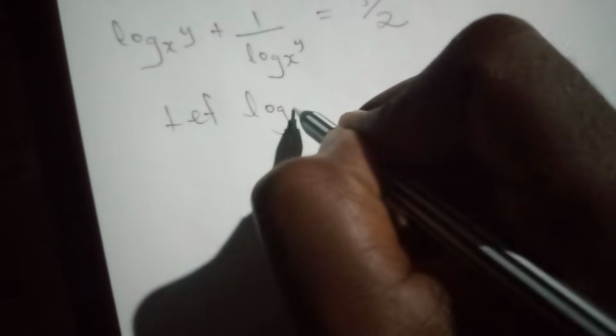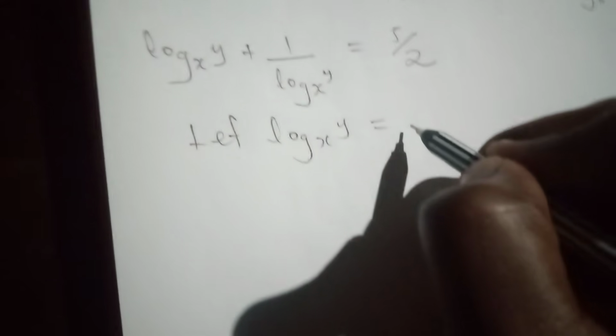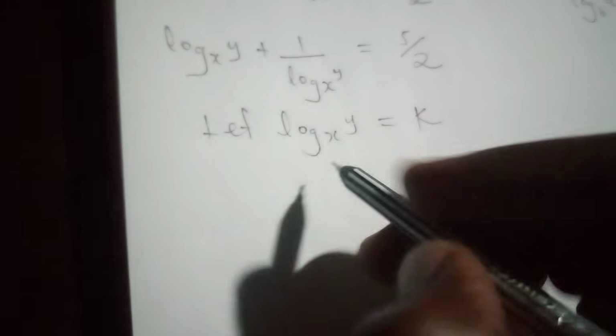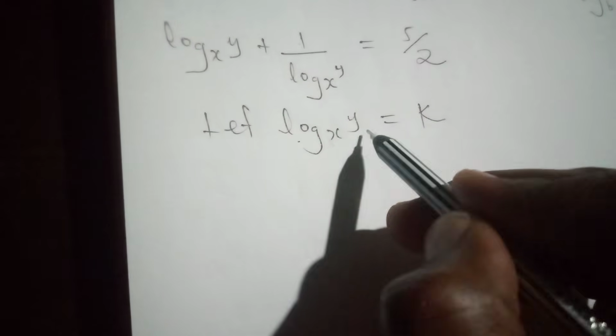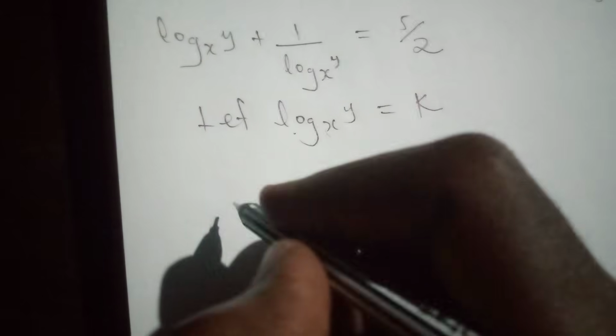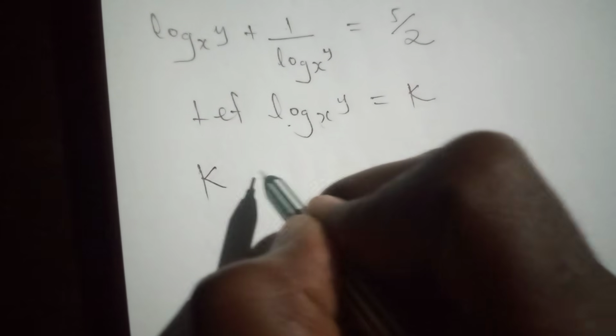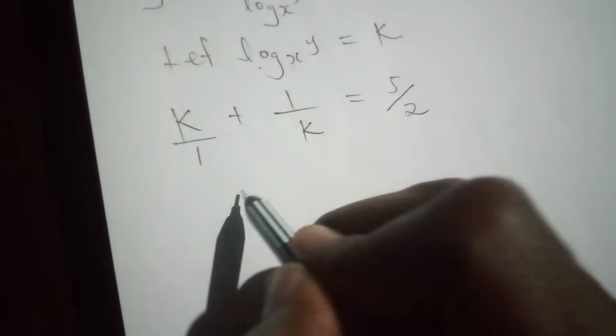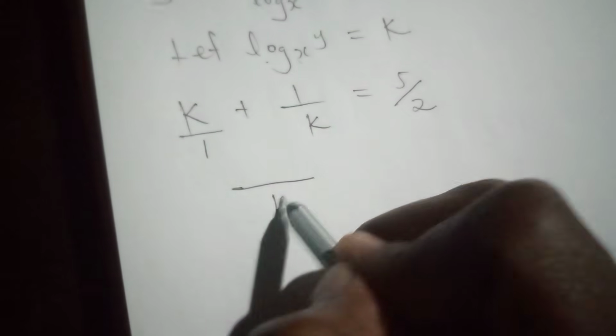So from there I just say let log base x of y is equal to a letter of your choice, in this case that is k. So if I put k where there is log base x of y, it is going to be k plus 1 over k is equal to what? 5 over 2. So from there, over 1, the common denominator here is k.